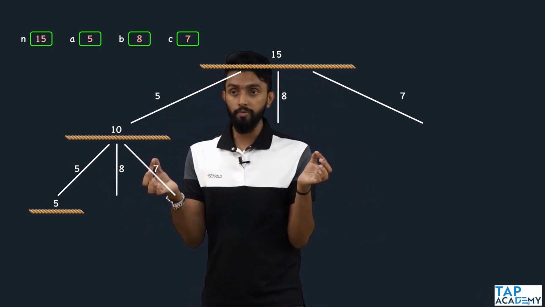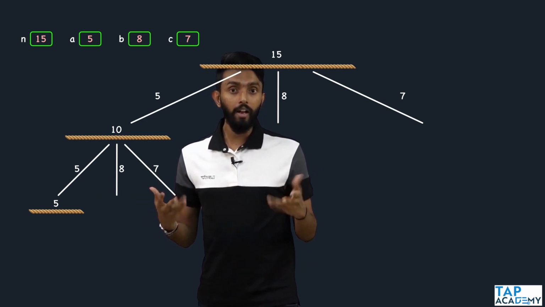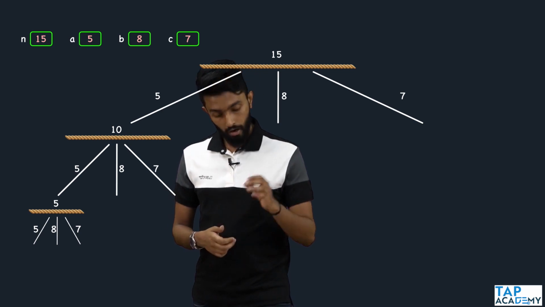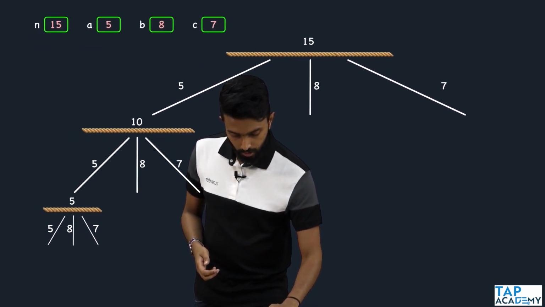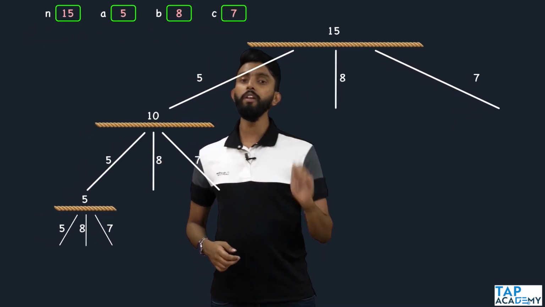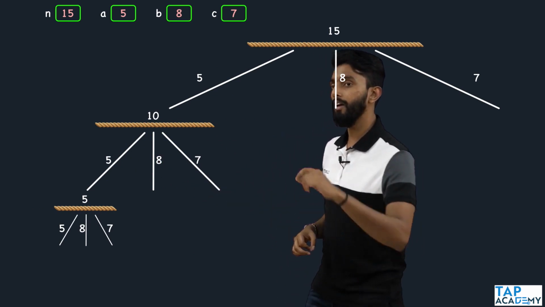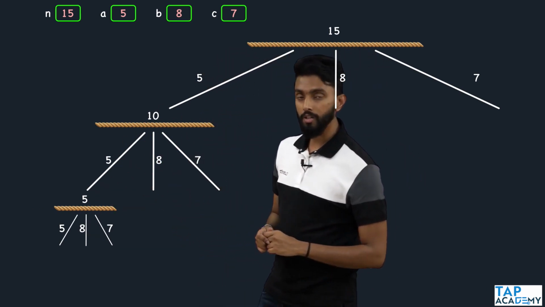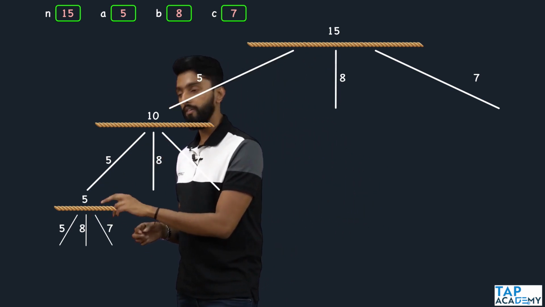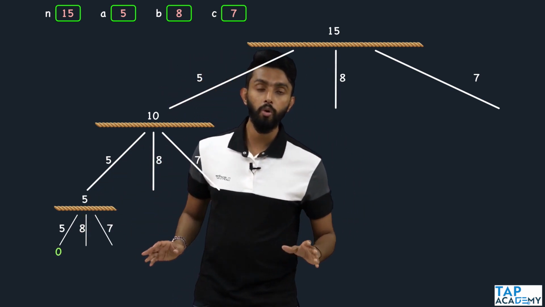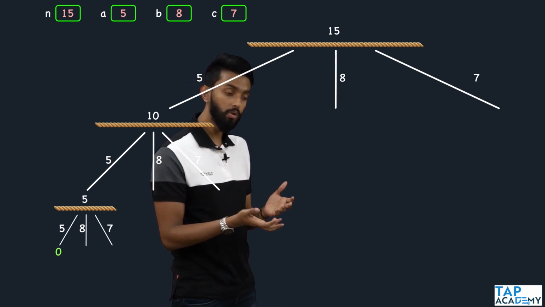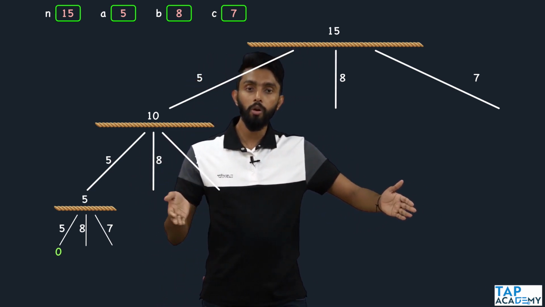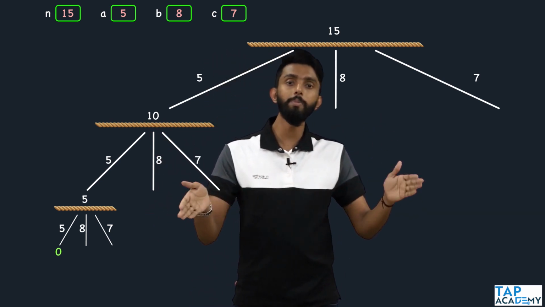Again now the length is 5. If I cut it, I have only 3 options, which is 5, 8 and 7. Now look at this. If I cut at length 5, then 5 minus 5, the rope length will become 0. If it becomes 0, then I know that I cannot continue cutting anymore because I have cut as many pieces as possible.